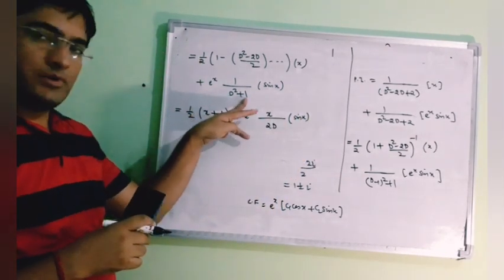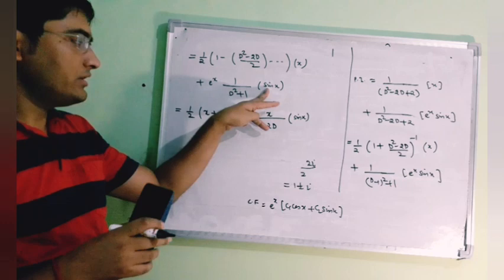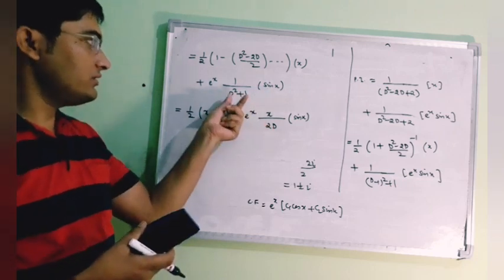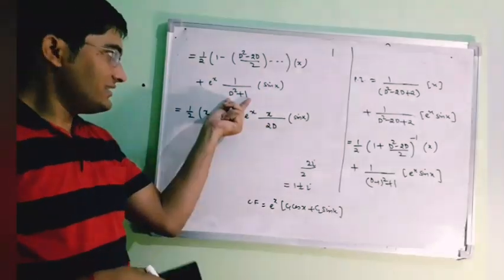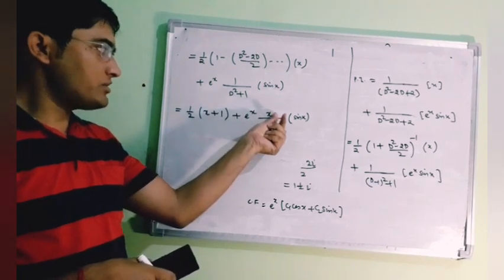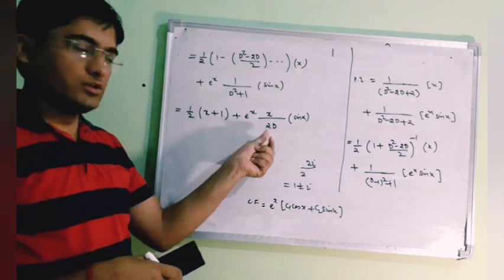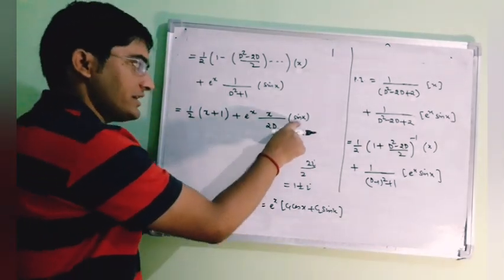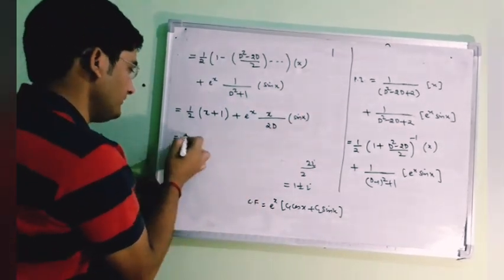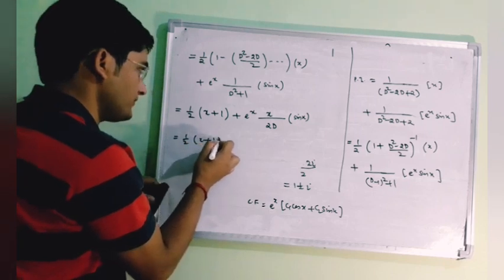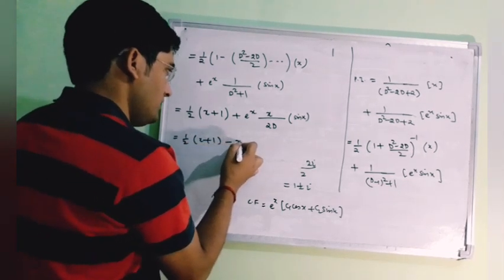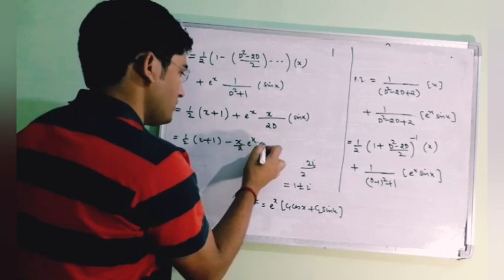Because we have D square plus 1, and if you replace D square by minus 1, then it is 0. And now as it is 0, we will multiply the numerator by x and we will differentiate the denominator with respect to D, and we will get 2D. Now 1 upon D stands for the integration, so integration of sine will be minus cos. So our answer will be minus x upon 2 e power x cos x.